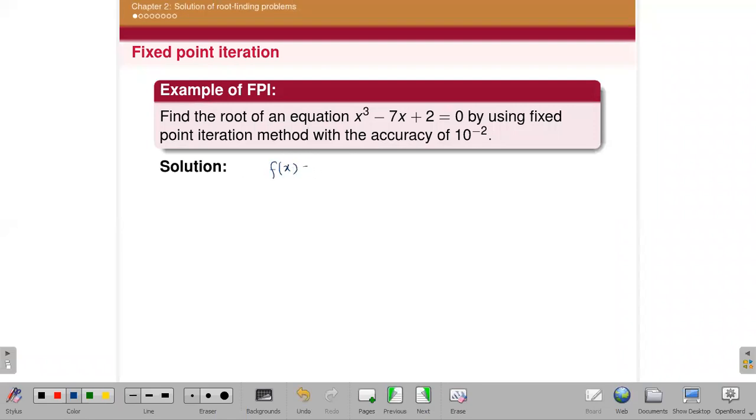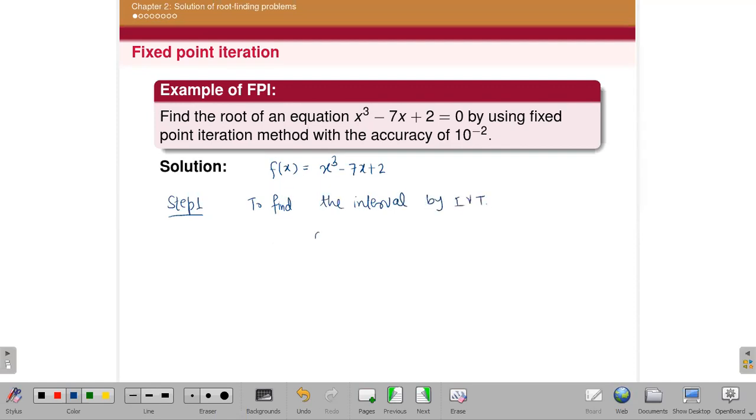f of x, the function, is given. f of x is equal to 0 and you have to find the root of this equation. f of x is x cube minus 7x plus 2. If the interval is not given, then you find the interval. So our first step is to find the interval by IVT.